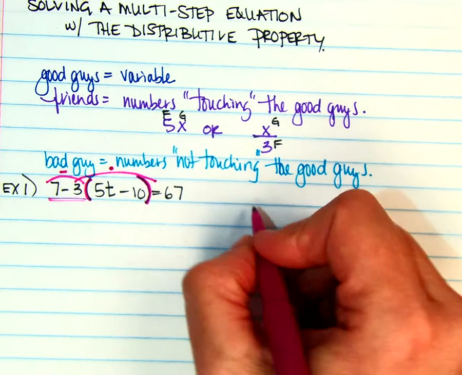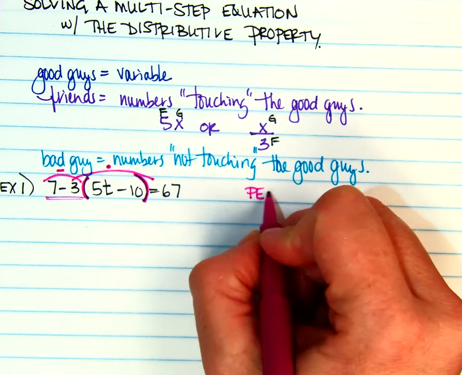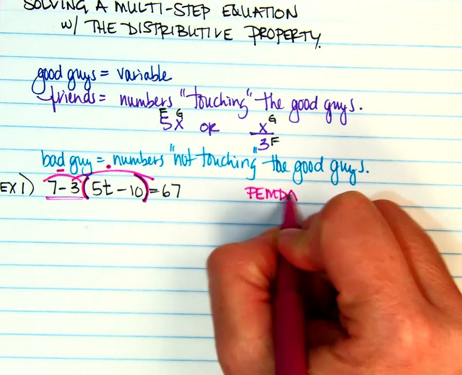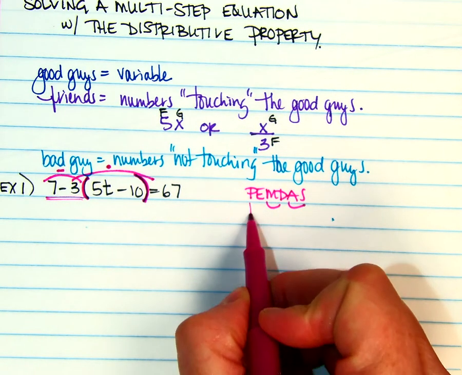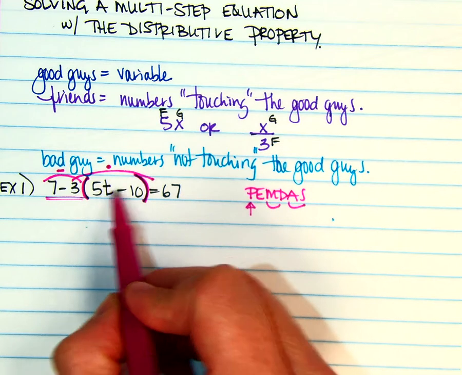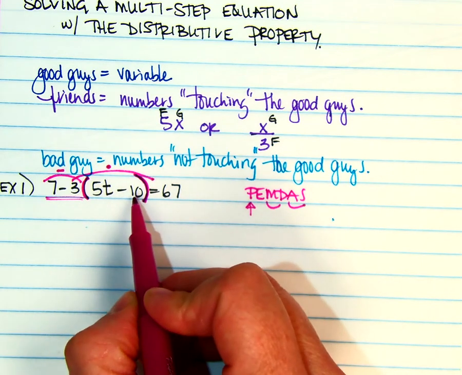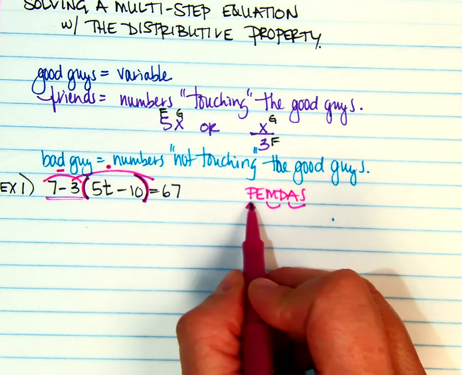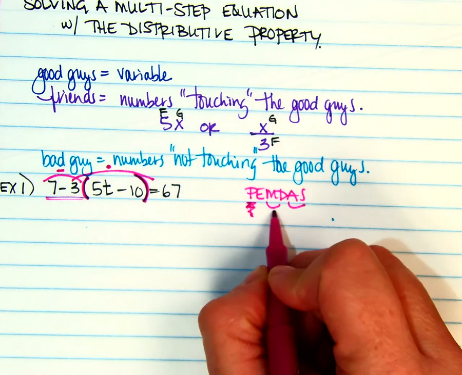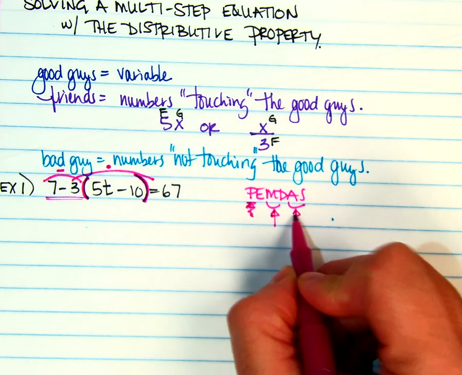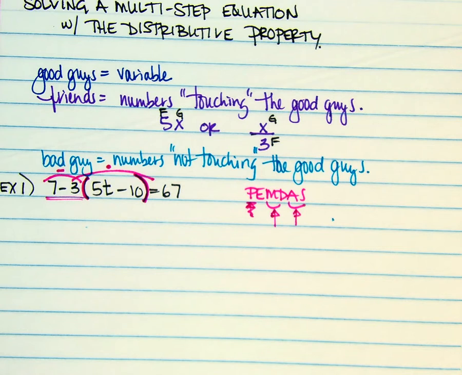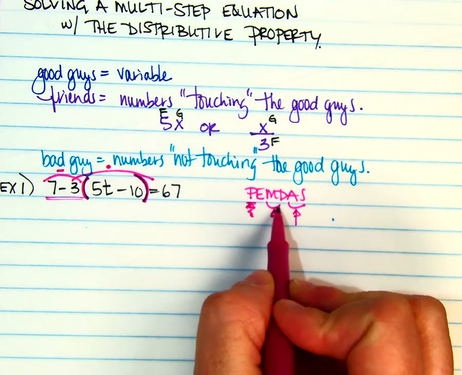And we remember from our order of operations, PEMDAS, that parentheses, so I'm looking at parentheses. Well, I can't do anything inside the parentheses, so that's not what I'm looking at. But multiplication and division come before adding and subtracting. So I need to focus on my multiplication first.